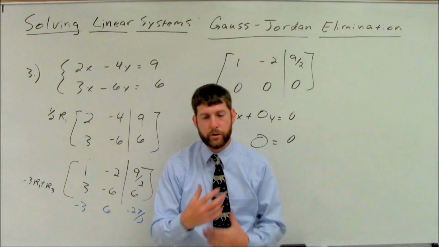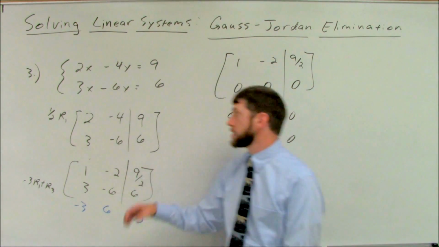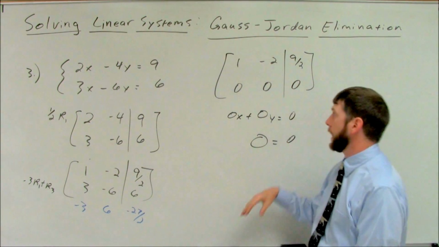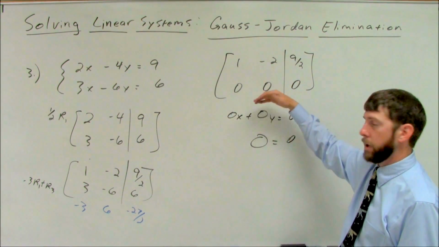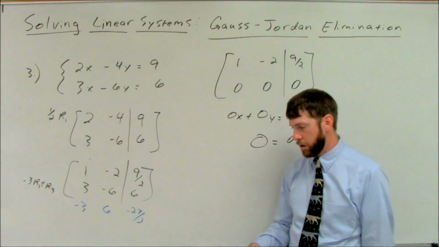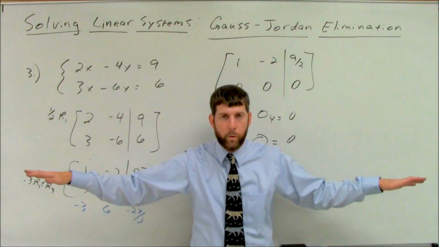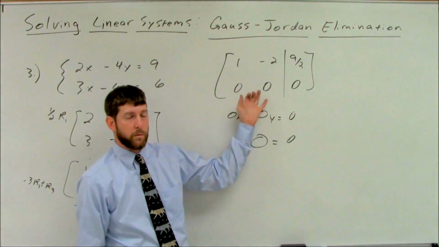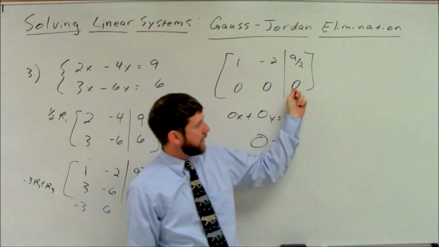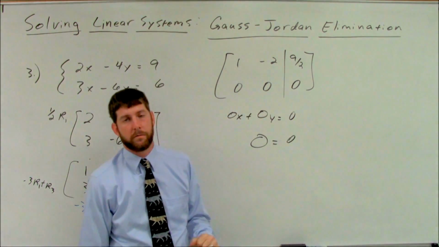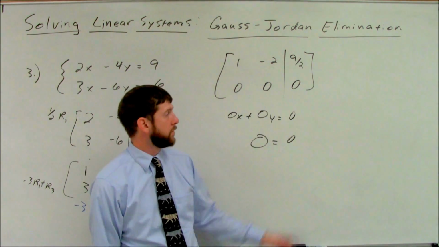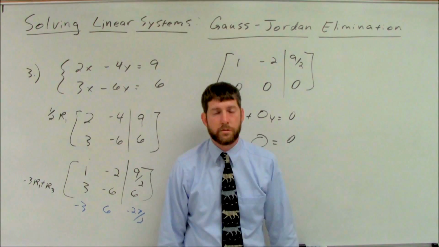So as you're doing your elementary row operations, if you get a whole row that just completely wipes out, and it could appear at any time or any place, especially in larger variable systems, with all zeros on the left side where your variables would be: if that's equal to a 0, it's infinitely many solutions. If it's equal to a non-zero value, then that is a no solution system.